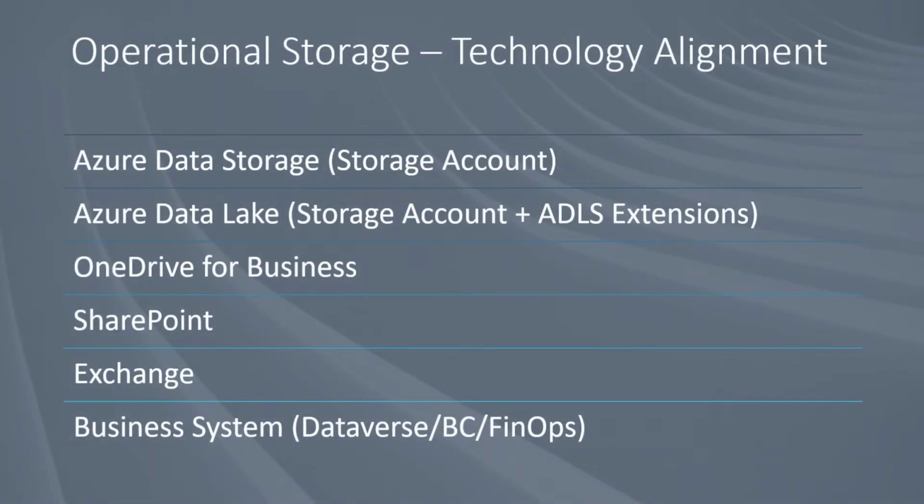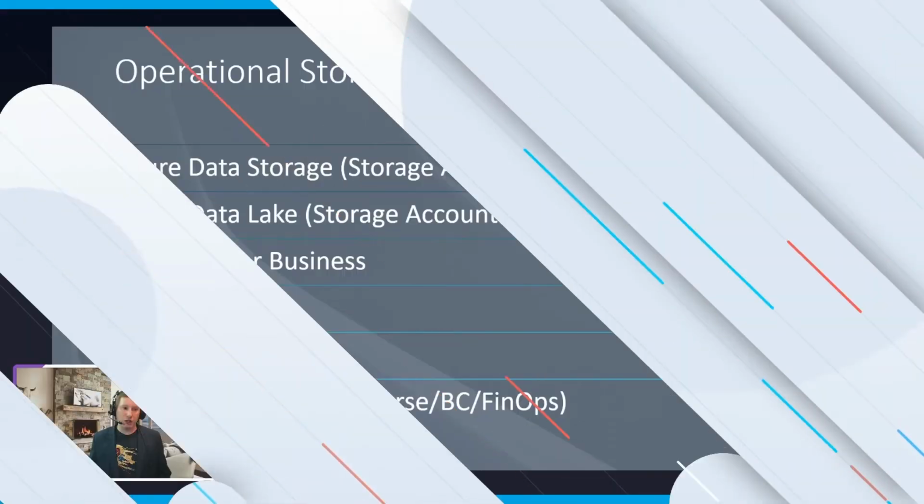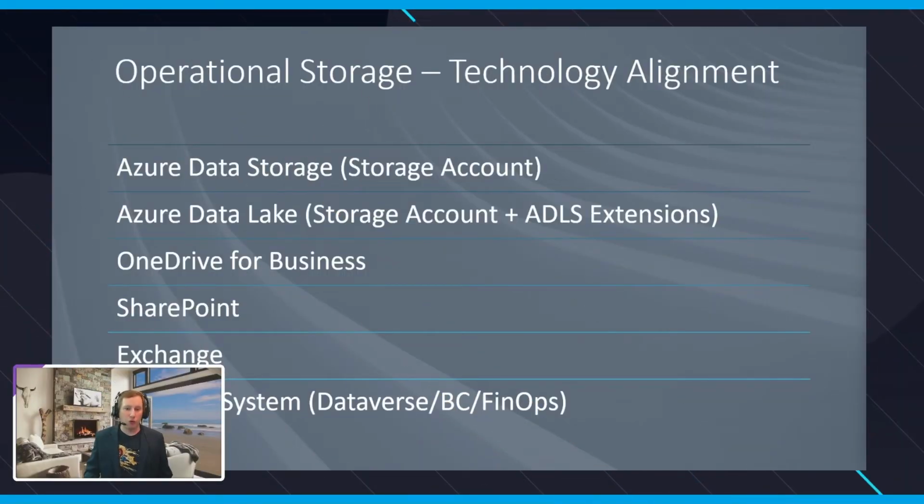Now, there are some technologies that you should be considering when it comes to what you use for storage. These are the common ones. It's not all of them, but obviously these are the common ones from a Microsoft perspective. We use storage accounts, for example, for Azure data storage. I don't know if you know, but storage accounts are actually data lakes.